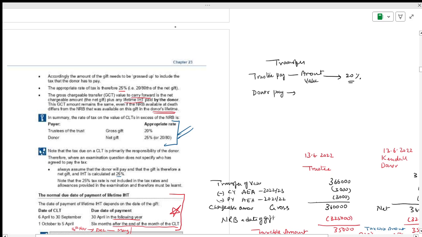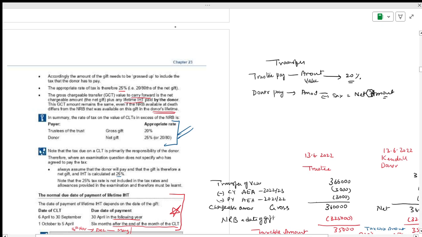He will take the gross amount, deduct tax, and the net amount is given to the trustee.